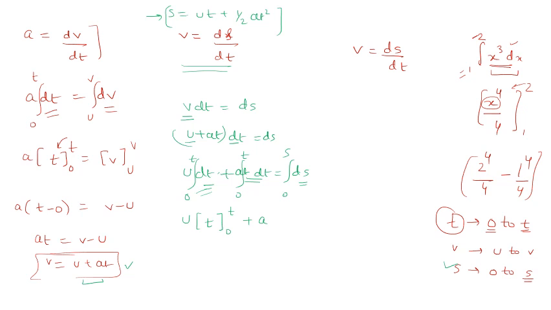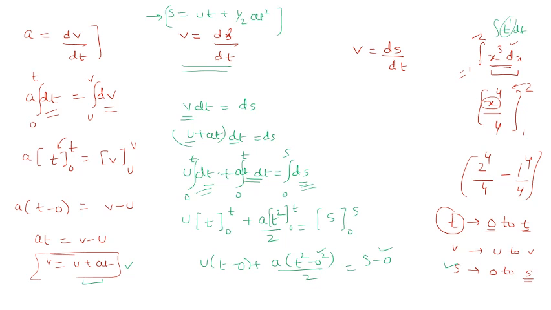So for t dt, you will increase one power, t raised to power 1 becomes t square, and you divide by the same, with limit 0 to t. Rest, the integration of ds will be s, 0 to s. Now upper limit minus lower limit. So you know this is 0. What is left? ut plus half at square is equal to s, which is your second equation, right?